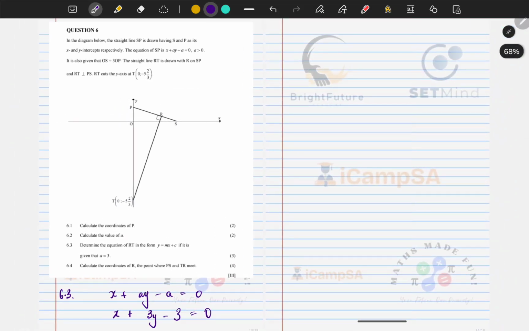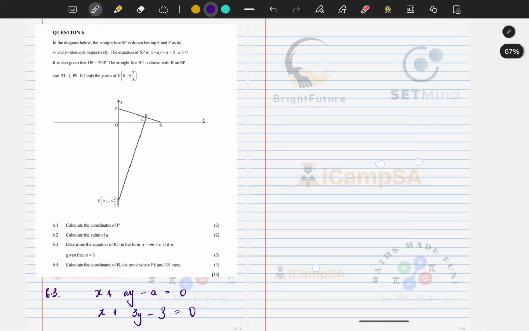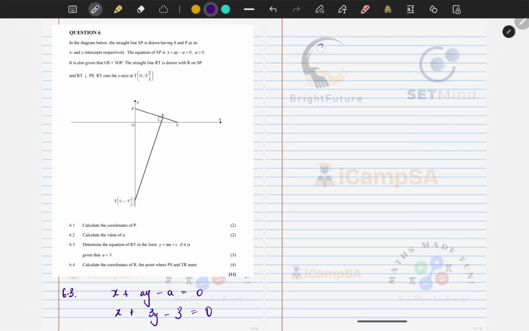And then we try and write this properly: x plus 3y minus 3 equals 0. So we can just make y the subject of the formula, because we are dealing with a straight line here and we are trying to write it in the form y equals mx plus c. So we are going to have 3y equals x plus 3.